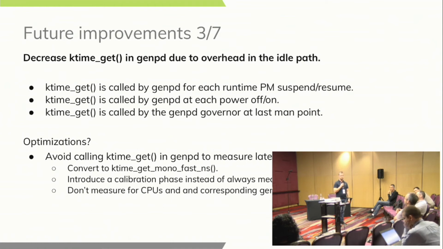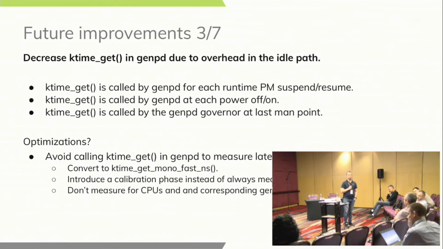It's not that much faster. It will not be acceptable for CPUs, but it might be an improvement for the generic devices. Normally k-time get mono fast should be used only if you can be involved in the timekeeping process. Otherwise, there is not that much performance difference between both. I can't remember exactly, but it's not 10 times faster.